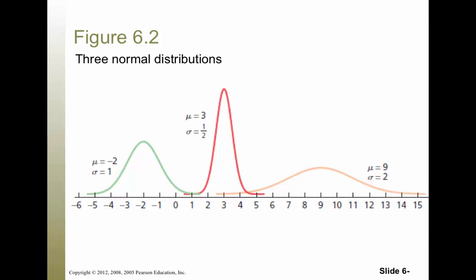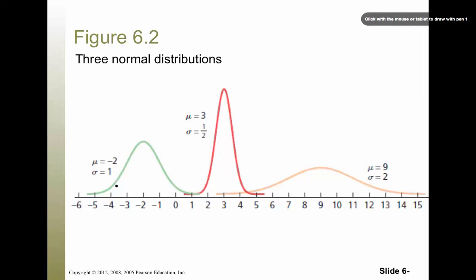Okay, so here are 3 normal distributions, and they're on this scale where we don't know what the value of the variables is, but the first one has a mean of -2, standard deviation 1, then mean of 3, standard deviation 1/2, mean of 9, standard deviation 2.